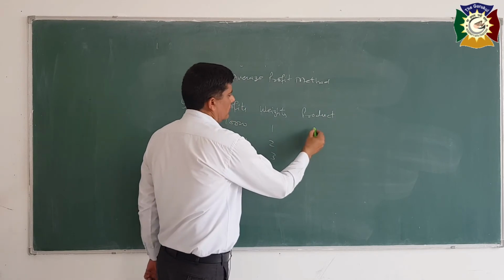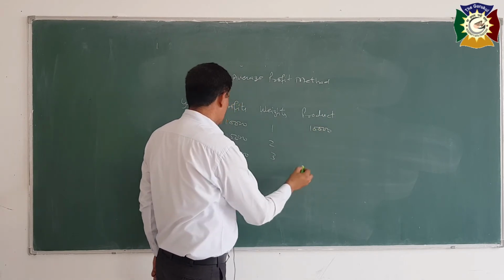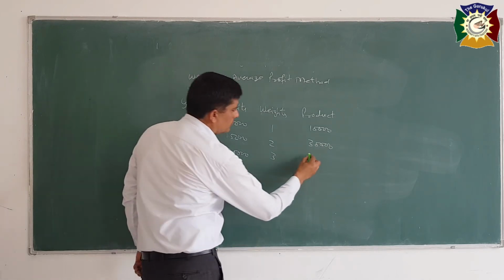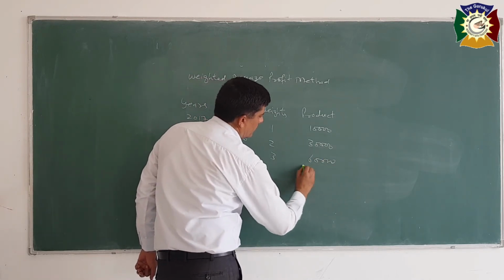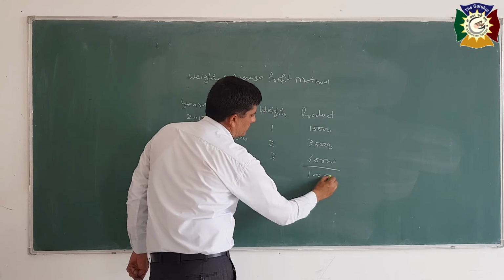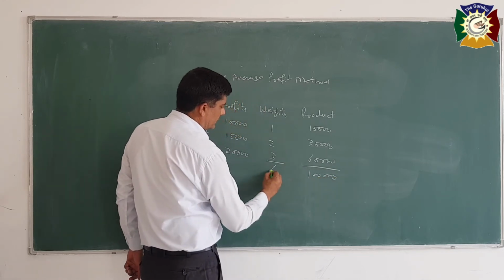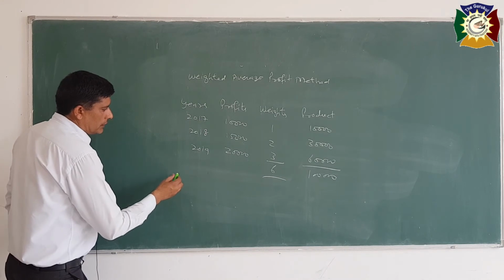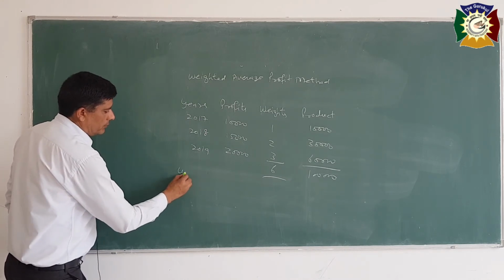Now calculate the product: 10,000 multiplied by 1 is 10,000, then 30,000, then 60,000. So total 1 lakh. Total of weights is 6. Now first calculate weighted average profit.